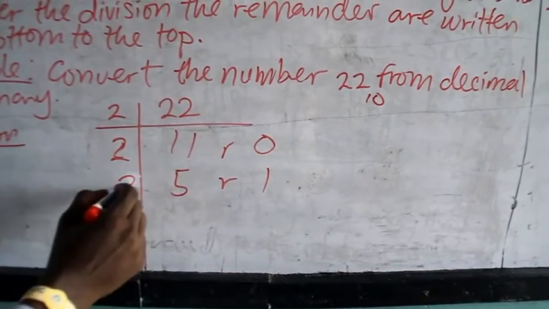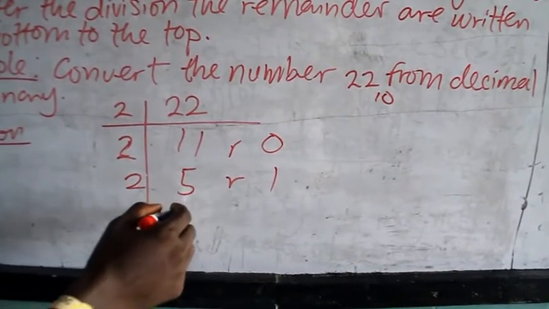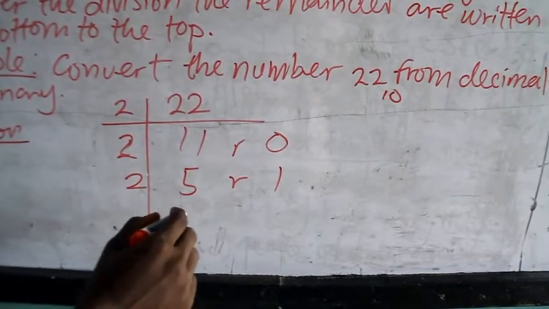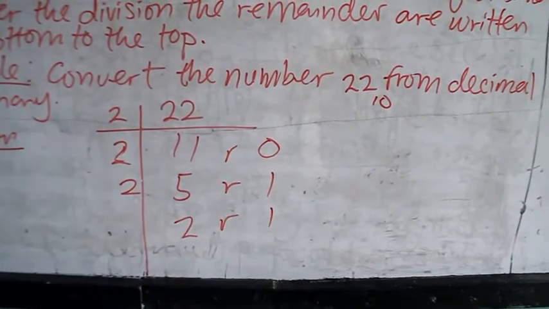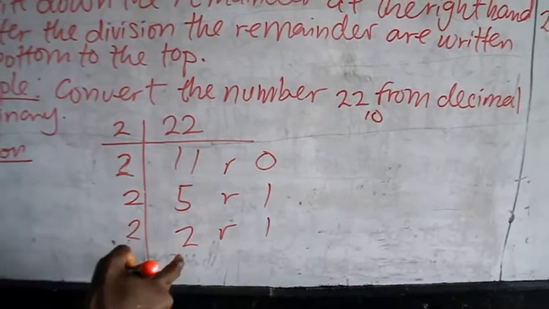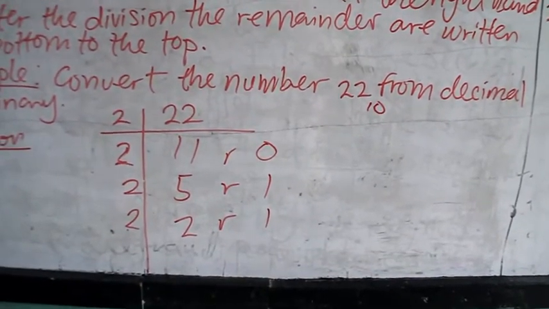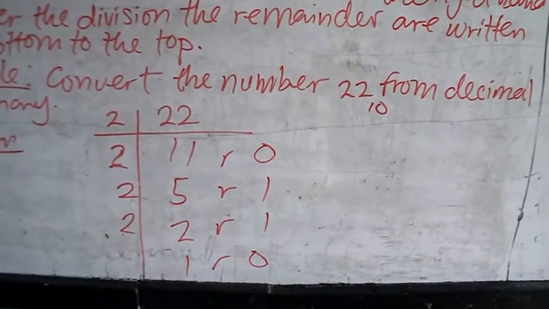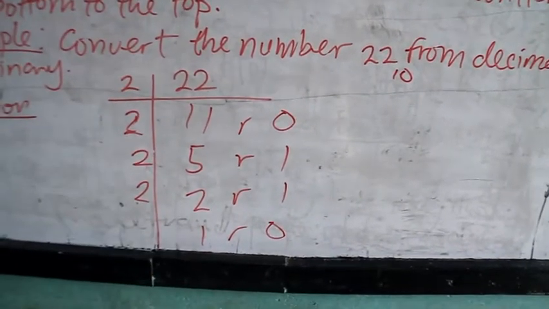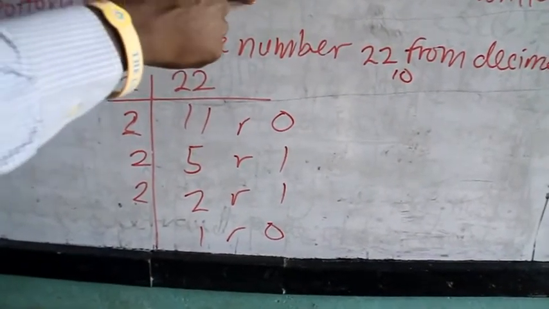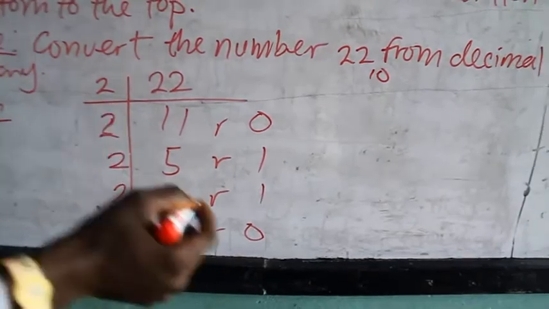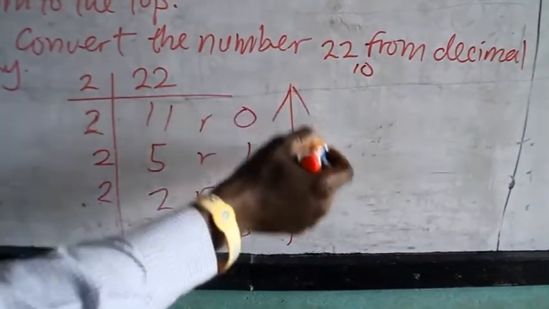Then we divide by 2 again continuously. When we divide by 2 here, we are going to have 2, then we have a remainder of 1. So we divide by 2 again. 2 inside 2, then we have 1, remainder 0. Now, after the division, the remainders are written from bottom to top. So think of an arrow from the bottom to the top.